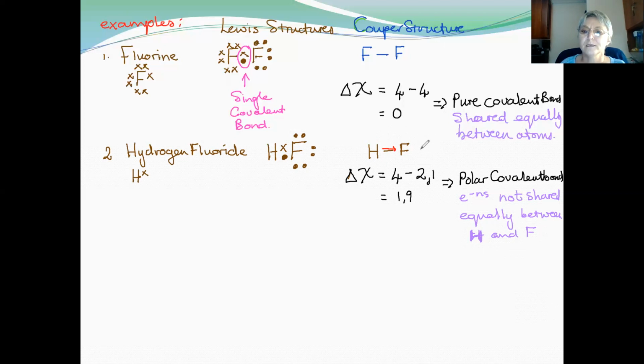Now, when the electron spends more time around the fluorine, we might think that it has got that extra electron and that it is negative, but it's not an ion, an anion. The electron just spends more time with the fluorine than what it spends with the hydrogen. So we say the hydrogen is polarized positively and the fluorine is polarized negatively.